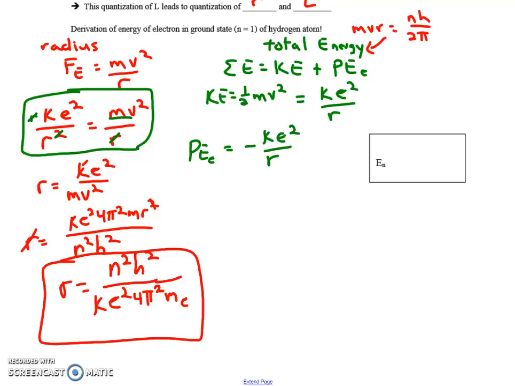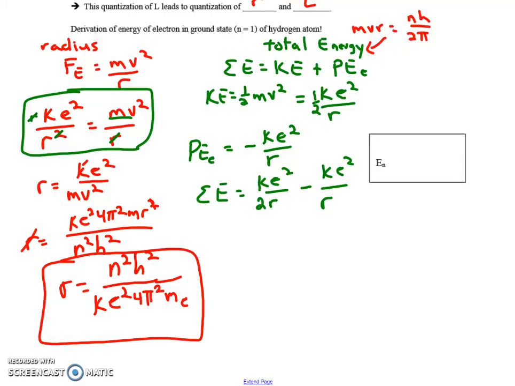Okay, it's a fairly simple equation. And again, it's something you need to know. It's fundamental to electrostatics. So this total energy, therefore, is the sum of these two, K E squared over, oh, I forgot the 1/2 here, my bad, 2R minus K E squared all over R. Okay, my common denominator is 2R.